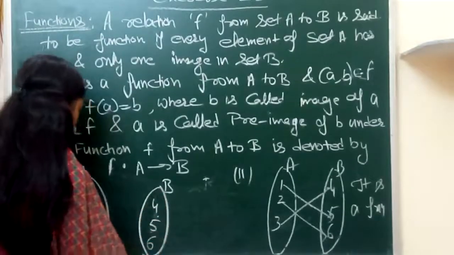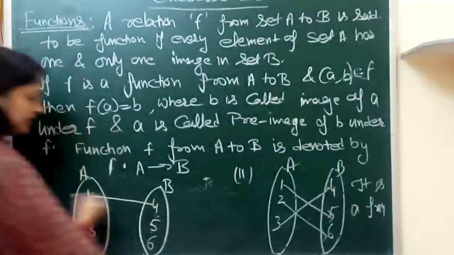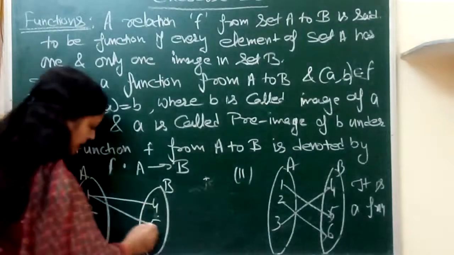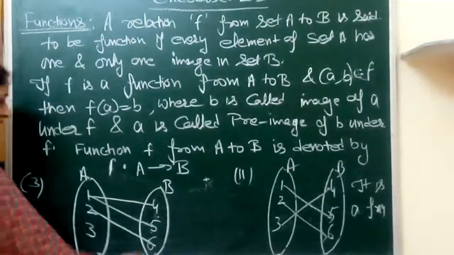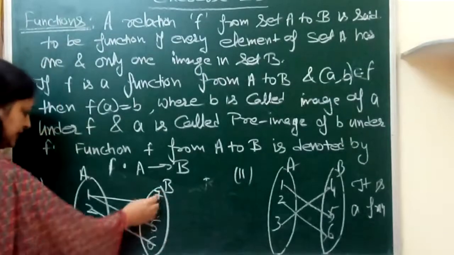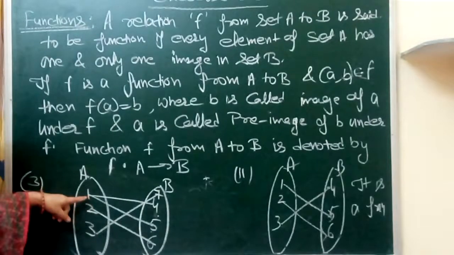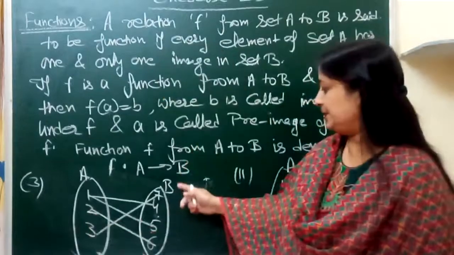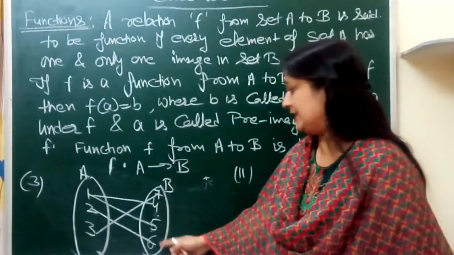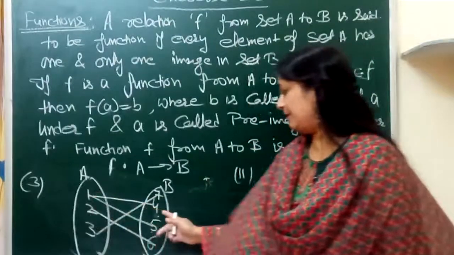The image of 1 is 4 and also 5, the image of 2 is 6, and the image of 3 is 7. So you can see that 1 has two images, that is (1, 4) and (1, 5).